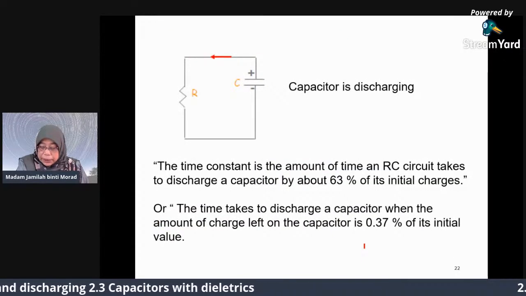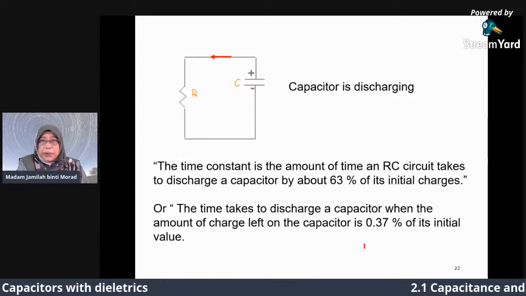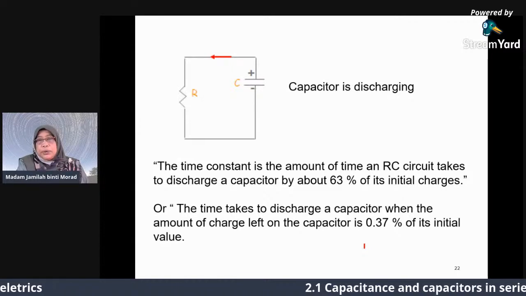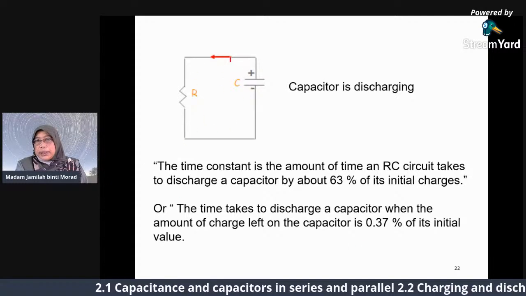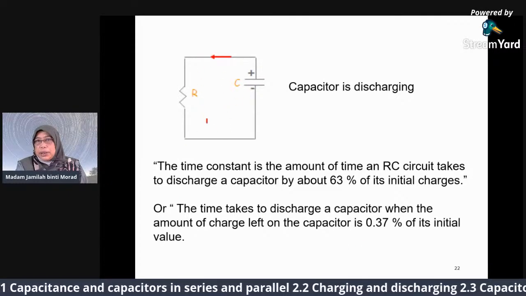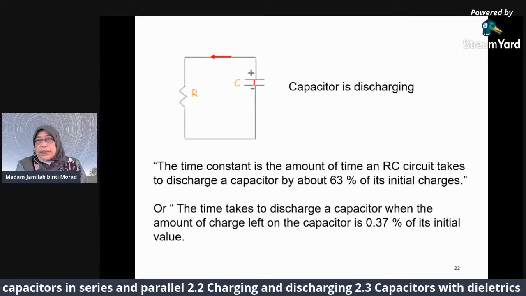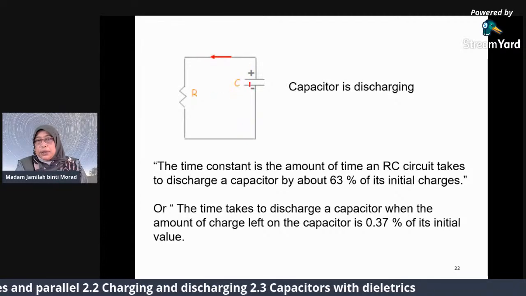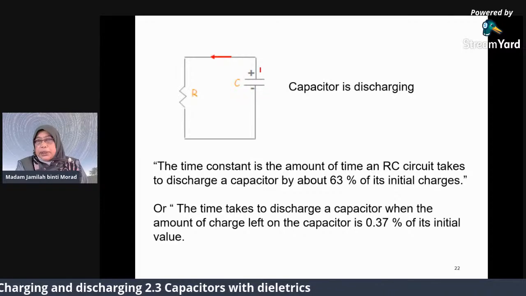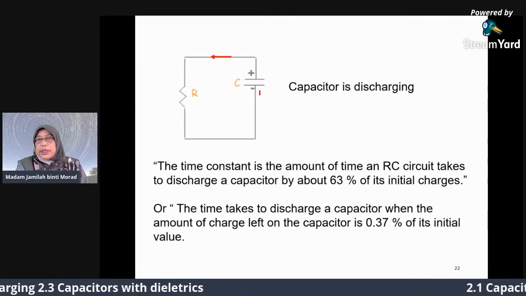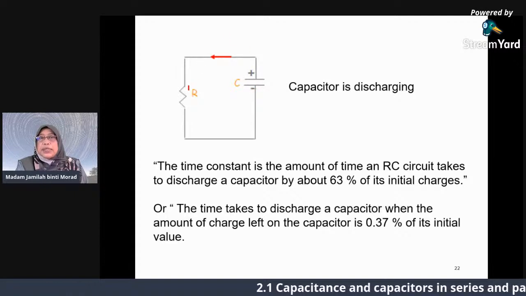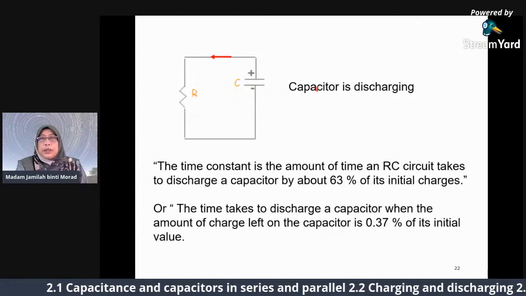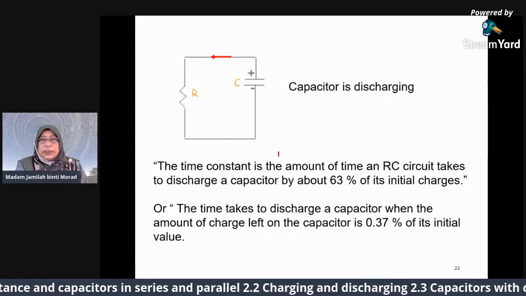Now the definition of the time constant when the capacitor is discharging. How do you know that the capacitor is discharging? There is no battery in the circuit; you just have the capacitor and the resistor. The capacitor has the ability to store energy, so when energy is needed, it delivers the energy to the resistor or any device that needs it.